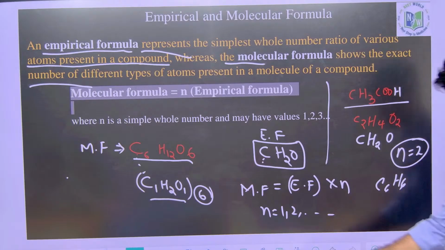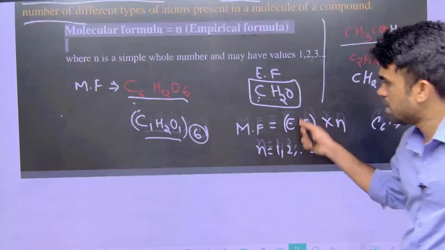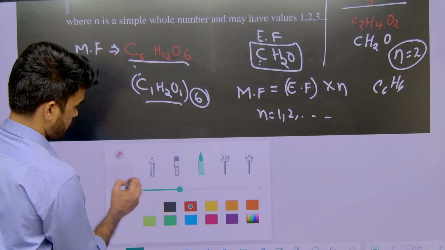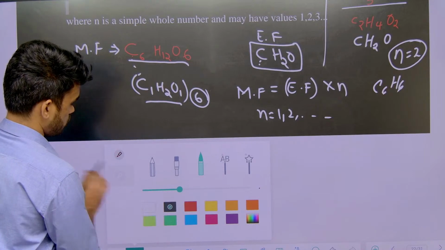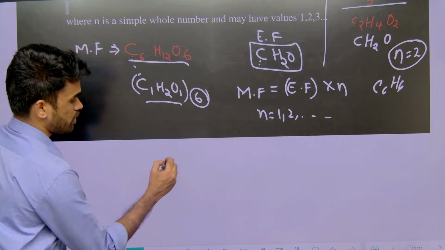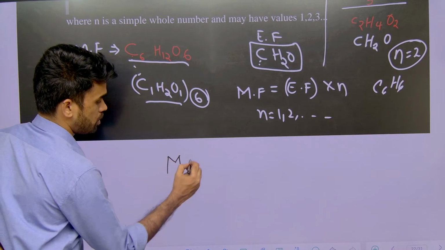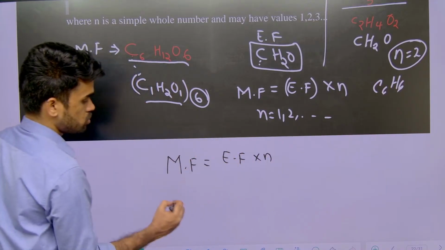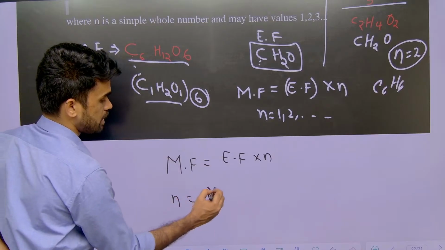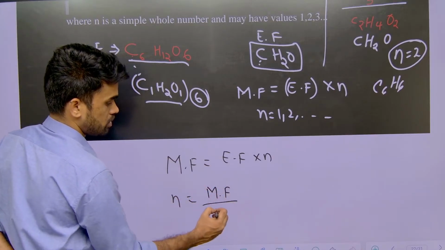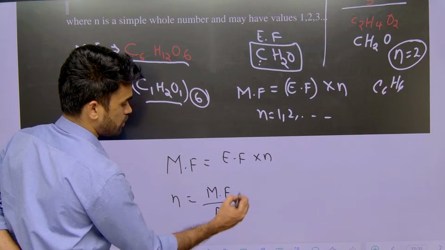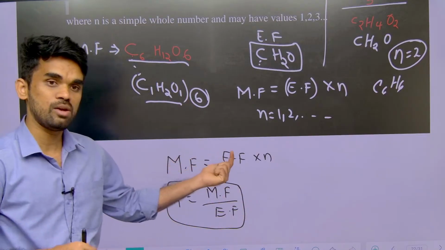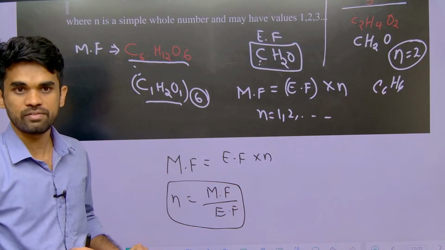Done. Okay. So one more thing you need to know here is, the basic relation we got: molecular formula is equal to empirical formula into n. So if I want n, I can say it as molecular formula by empirical formula. Even if I have the molecular weight and empirical formula weight, then also I can get the n value.